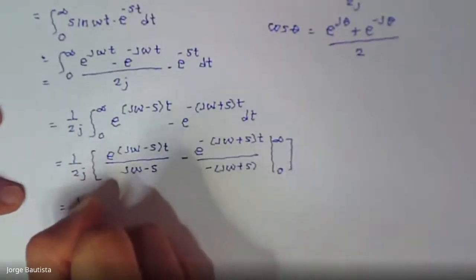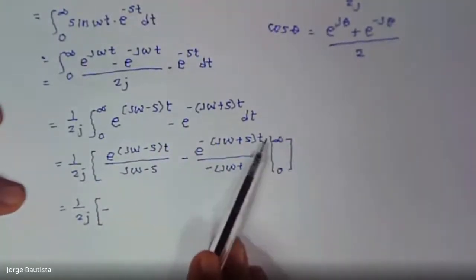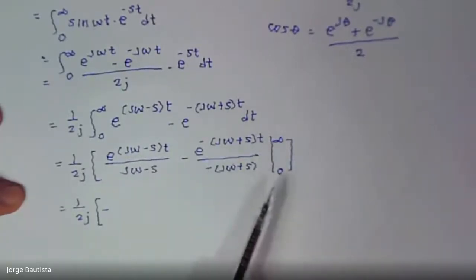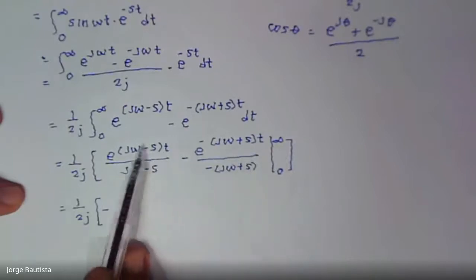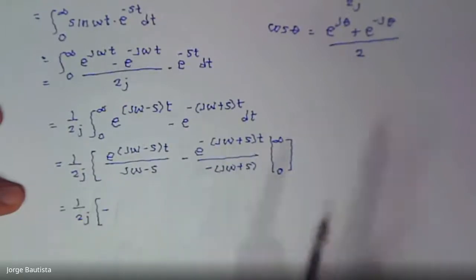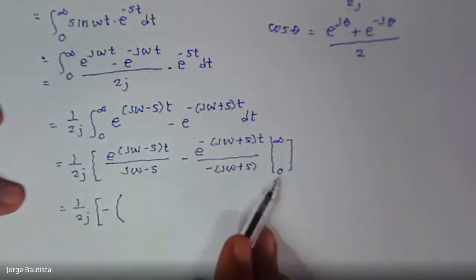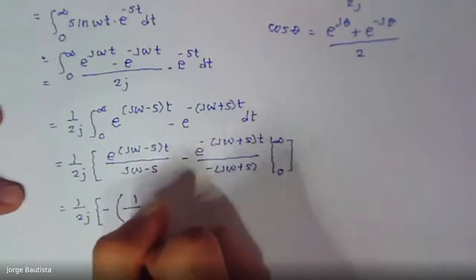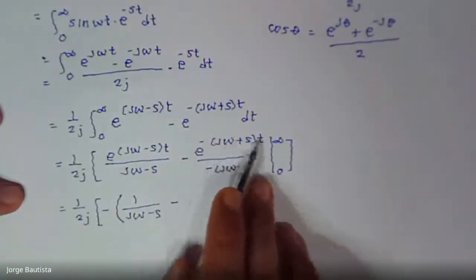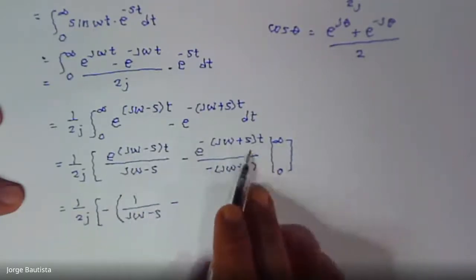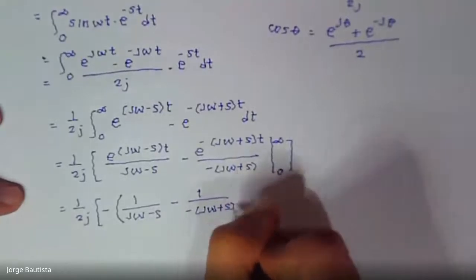So 1 over 2j, it becomes minus, right? Because first you substitute infinity, then minus, you substitute 0. Put parentheses because it is minus. Substituting 0 here gives 1 over j omega minus s, minus, substituting 0 here gives 1. Only the numerator is 1, not every term. So you have 1 minus negative j omega plus s.